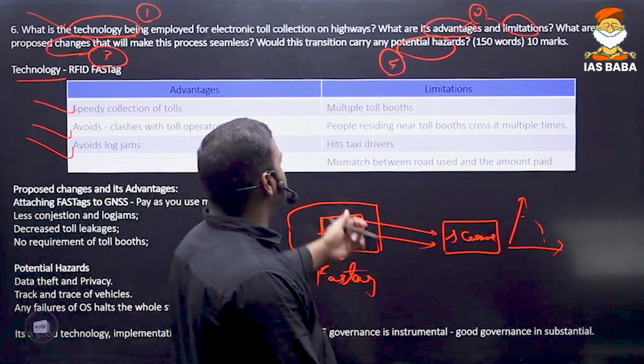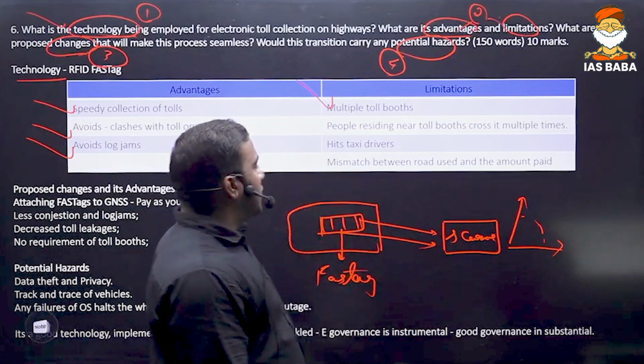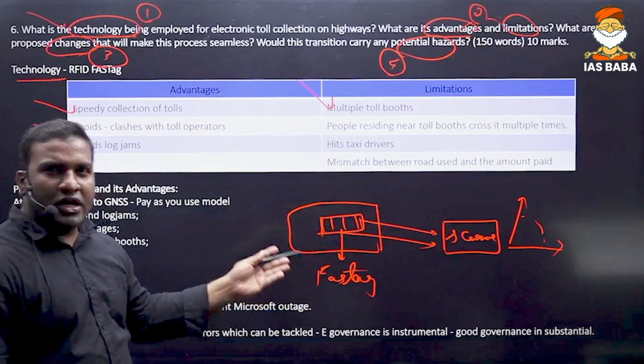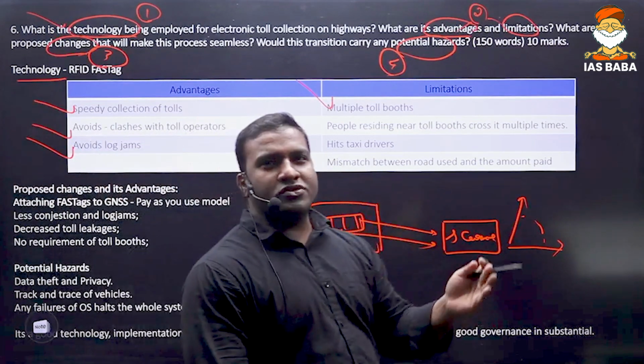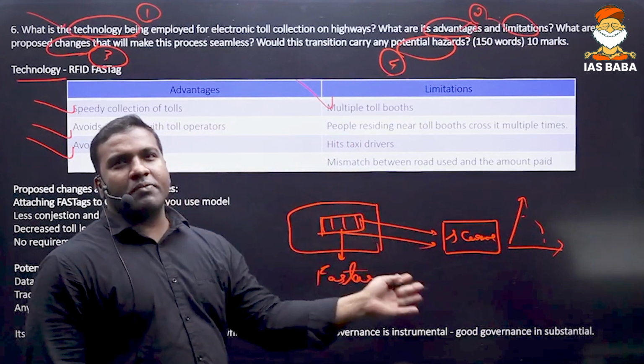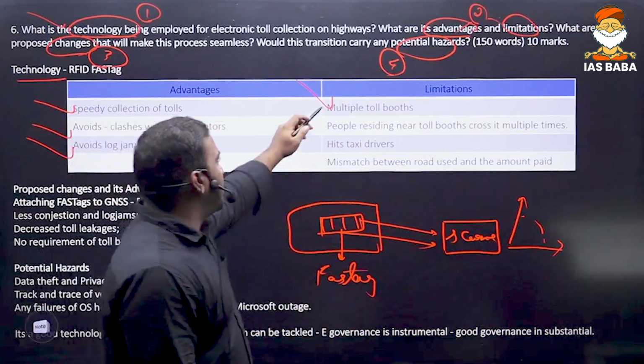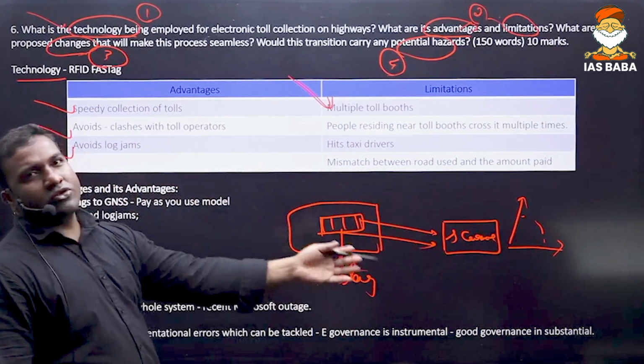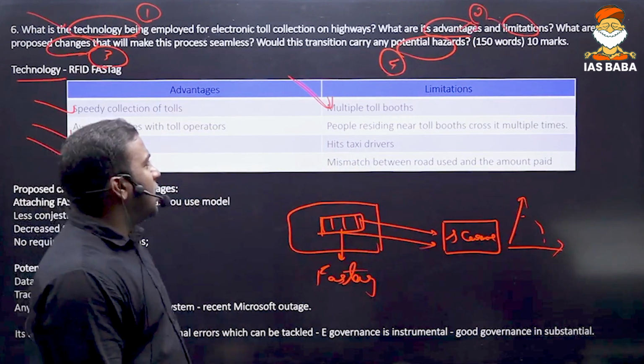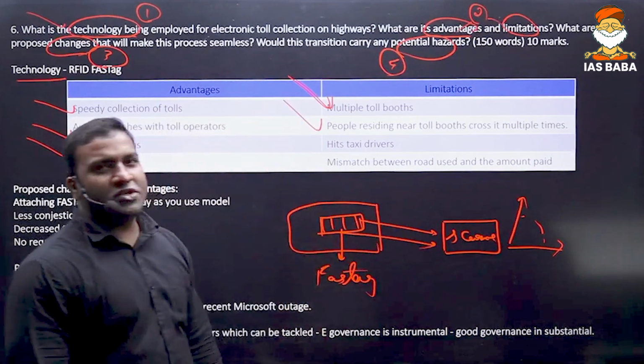Now limitations. Multiple toll booths: if you put a toll booth everywhere just because RFID is there and it deducts automatically, and you make it a habit to cut multiple tolls, then people residing near toll booths cross it multiple times.